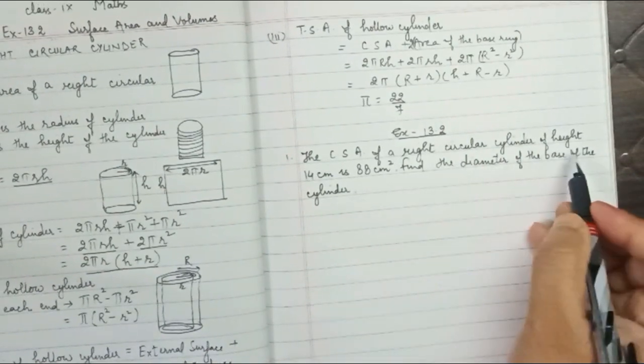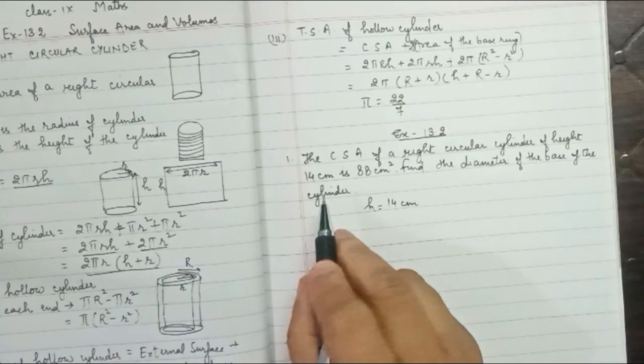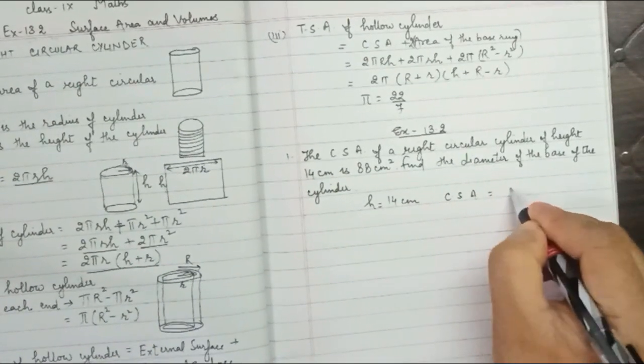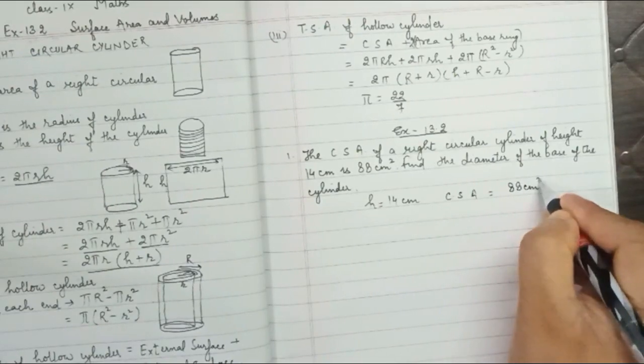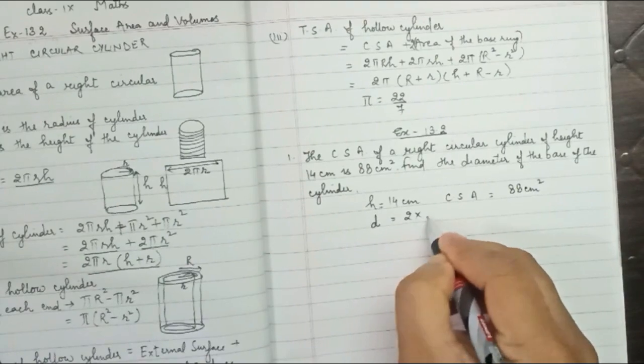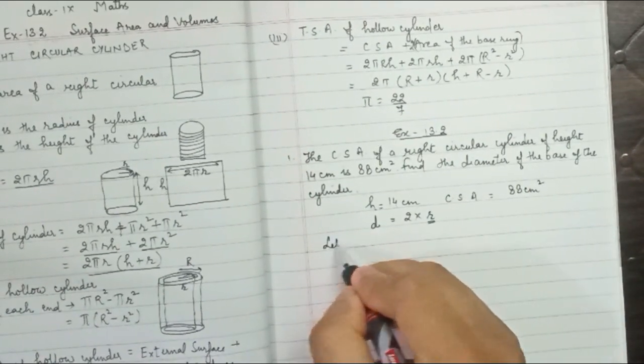Okay, what is given? Height is given, that is 14 centimeter, and curved surface area is given, that is equal to 88 centimeter square, and what we have to find out? Diameter, which is equal to 2 times radius. That means we have to first find out the radius.